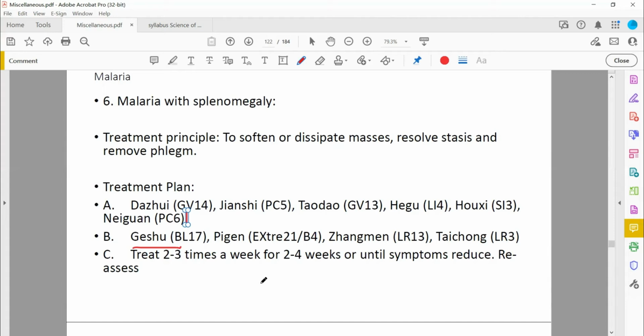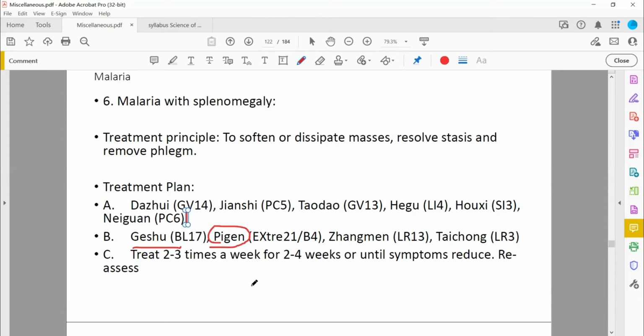What special point is this one? For blood stasis, because this one is the influential point of blood, right? Okay, Pigen, right? Pigen is the extra point.